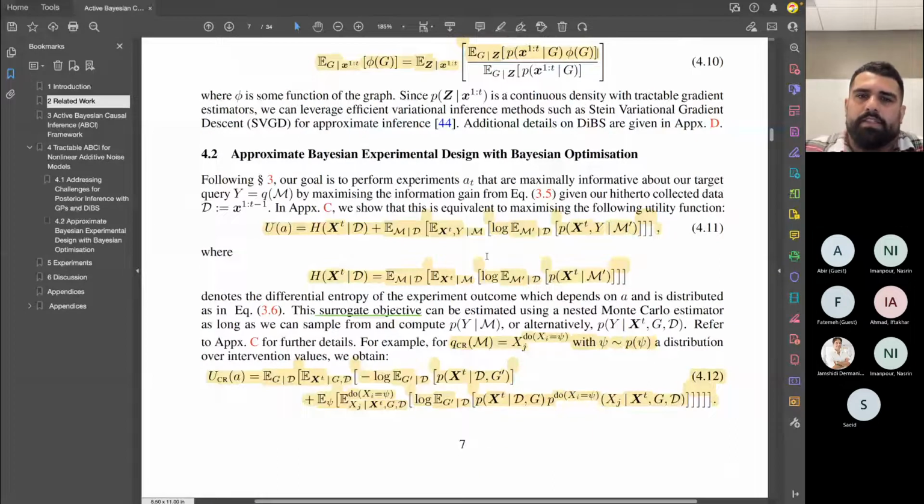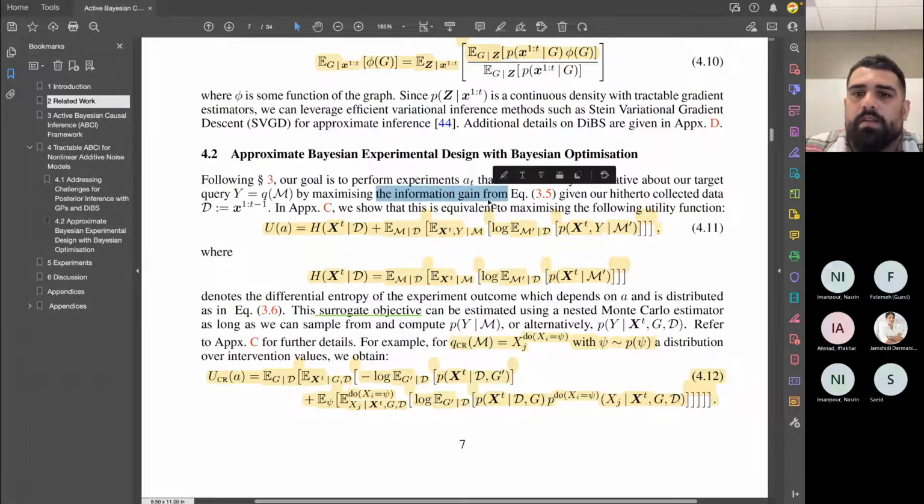Then after explaining the challenges, they talk about trying to approximate their experimental design using Bayesian optimization, and this is how they call their method Bayesian. The goal in section 3 was to perform experiments at time t that are maximally informative about the target query by maximizing the information gain based on the collected interventional data.